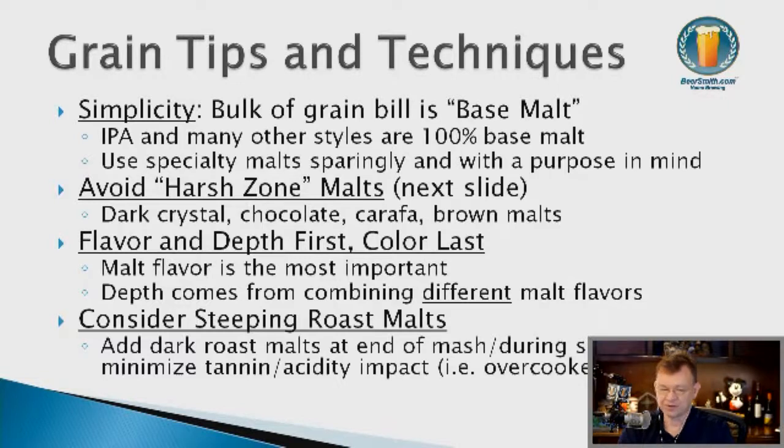And I'll give you an extreme example. I had somebody email me a recipe a couple of weeks ago, and he said, I don't know what's wrong with this recipe. It came out horrible. The final gravity came out really, really high, and it's too sweet, and it doesn't taste right. And I looked at the recipe, and it was like 40% specialty malts.